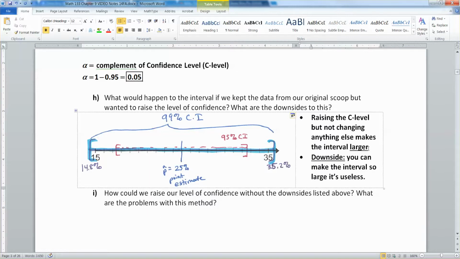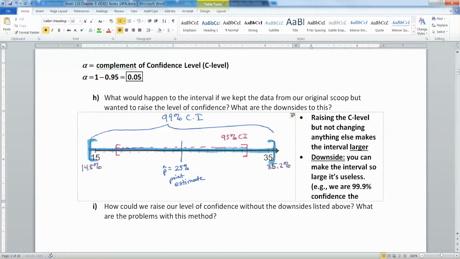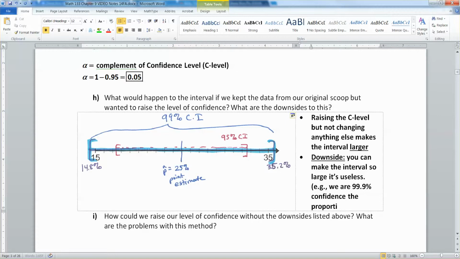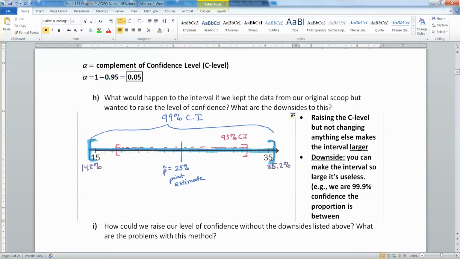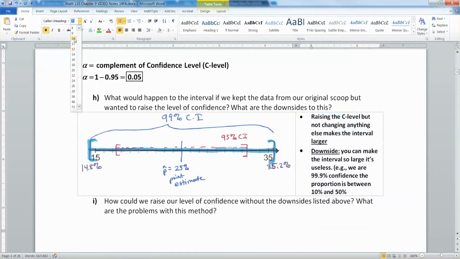For example, we are 99.9% confident the proportion is between 10% and 50%, something like that. It's like, well, yeah, you're really certain, but it's useless, right?